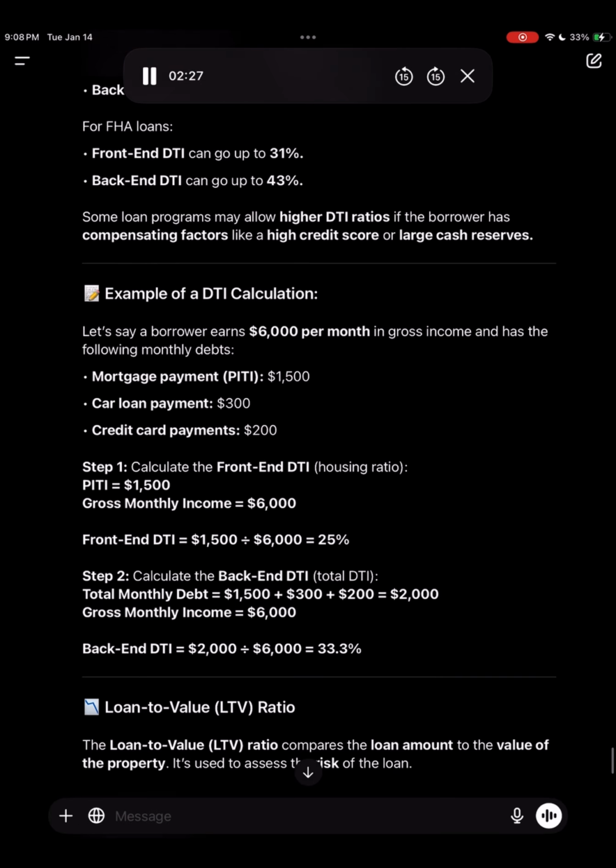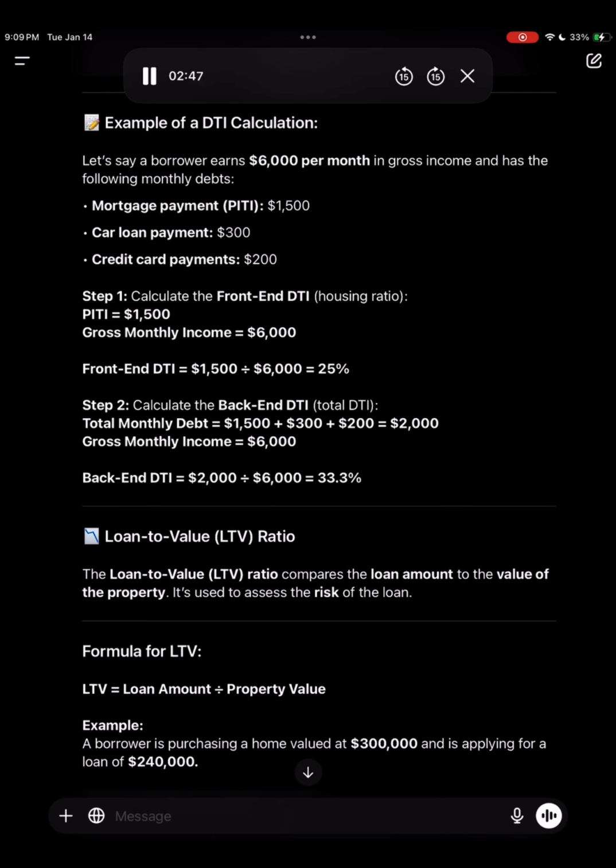Front-end DTI equals $1,500 divided by $6,000, which equals 25%. Step 2, calculate the back-end DTI. Total monthly debt equals $1,500 plus $300 plus $200, which is $2,000. Gross monthly income equals $6,000. Back-end DTI, $2,000 divided by $6,000, equals 33%.